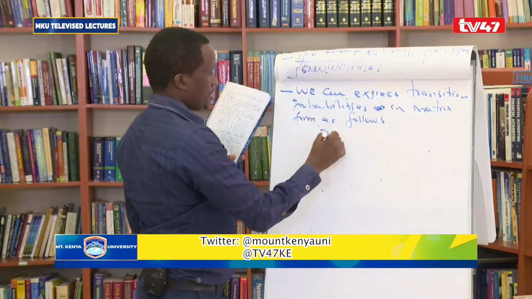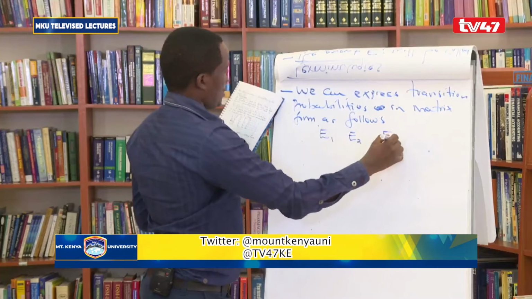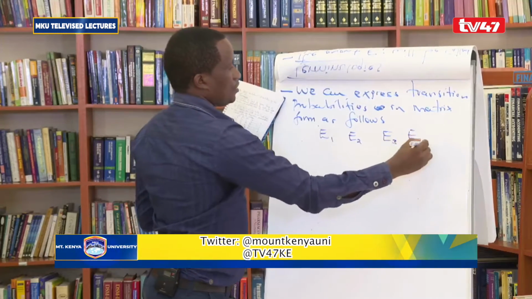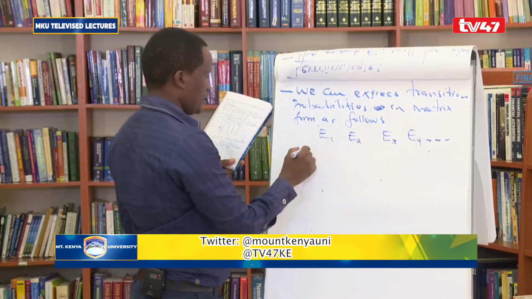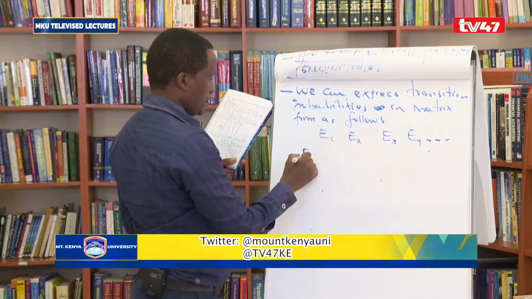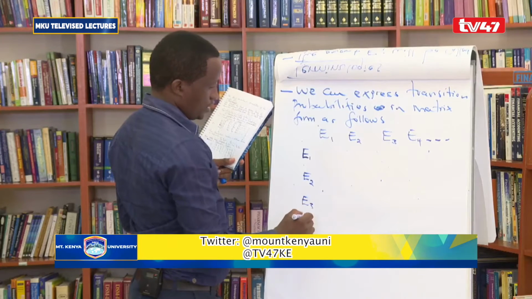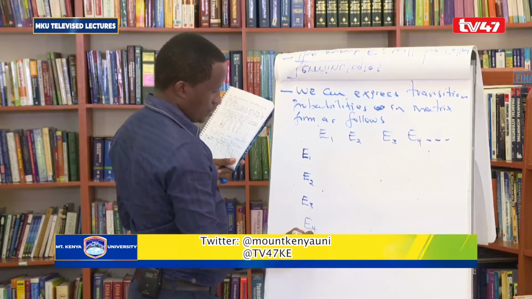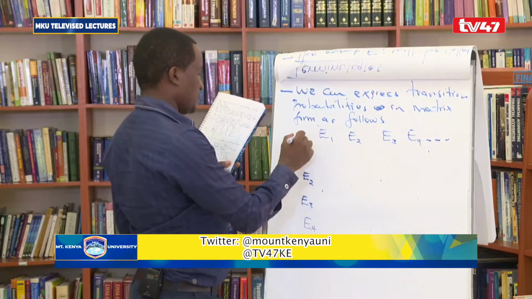Consider states 1, state 2, state 3, state 4, and so on. Then consider on this side we have state 1 again, state 2, state 3, state 4, and so on. Call this the matrix P.